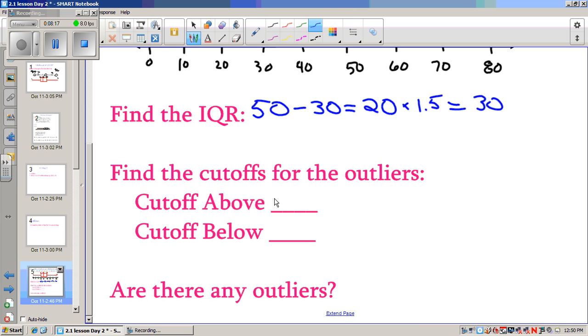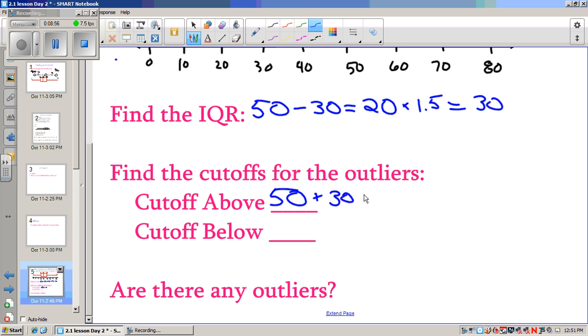So if we start with the cutoff above, we're going to start with our third quartile, which is our 50, and we are going to add that number we found to it.